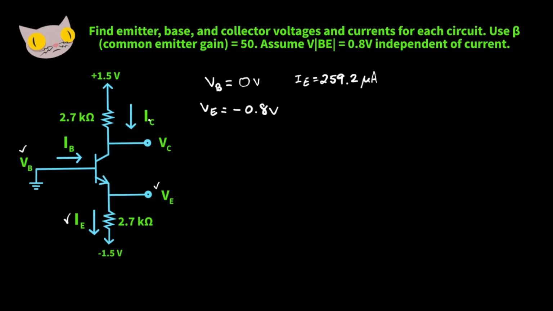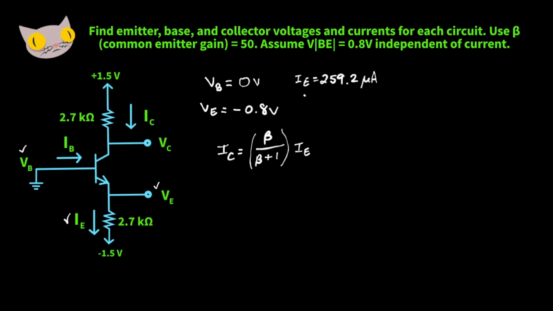Next, let's find the value of the collector current. So for the collector current, we're going to want to use beta over beta plus 1 times the emitter current. Our beta is 50.